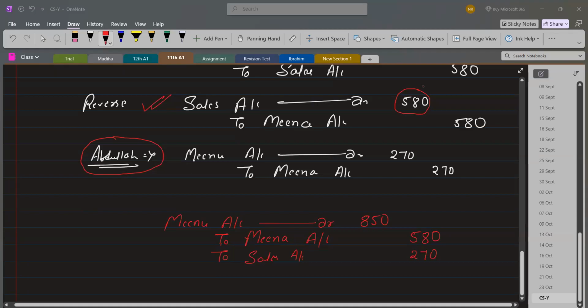Very confusing, sir. Yes, it is confusing, I know, but did you not understand the entry at all, or is there any specific problem? I understood only a little bit.